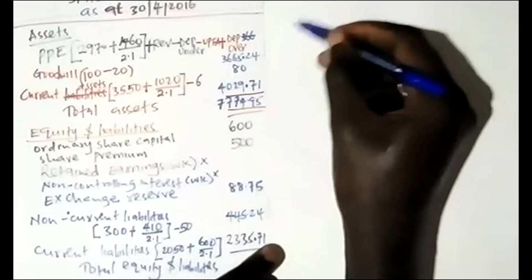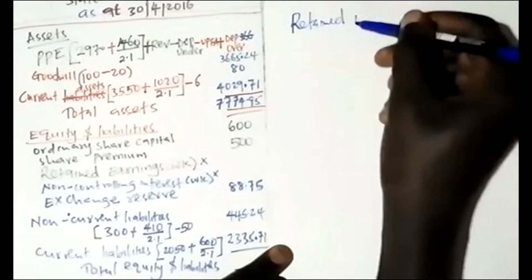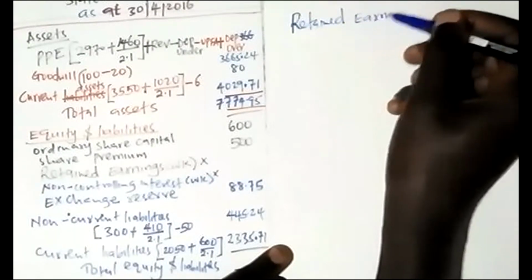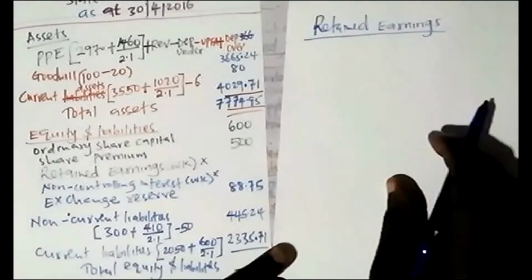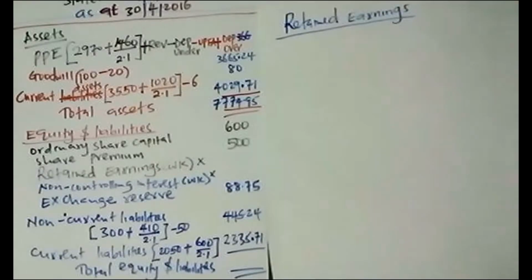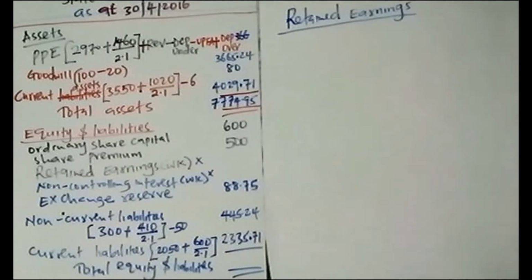So let's start with the retained earnings. Remember that for group accounting, or business combination, we always do the statement of changes in equity, which contains only the retained earnings.